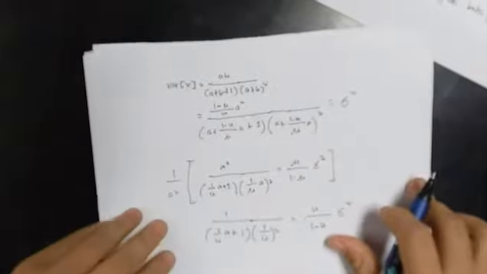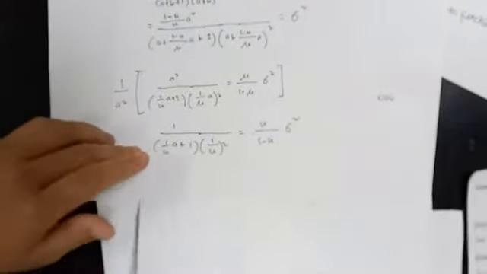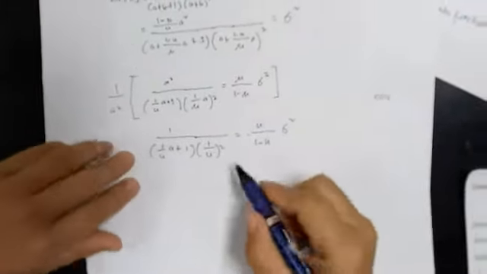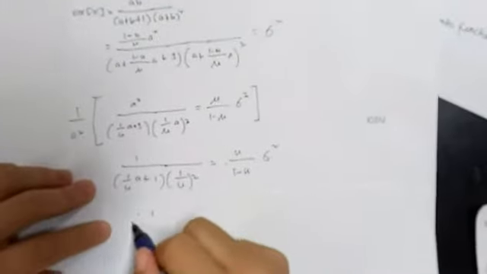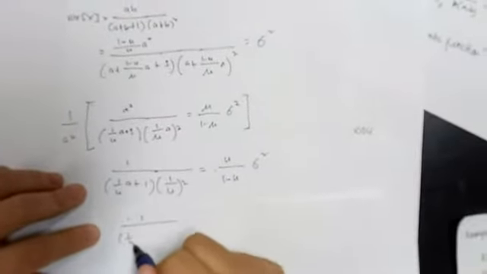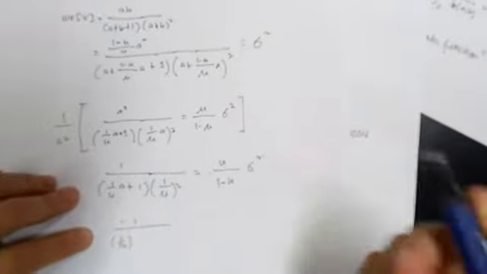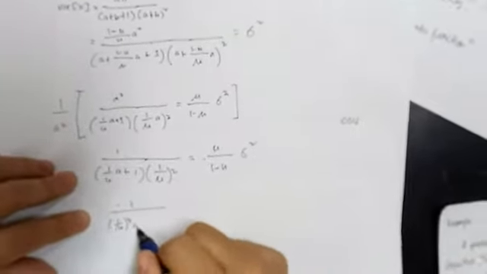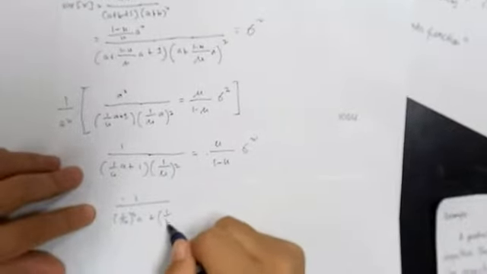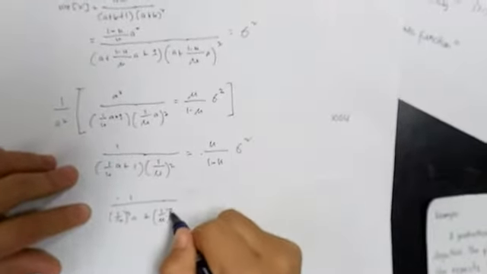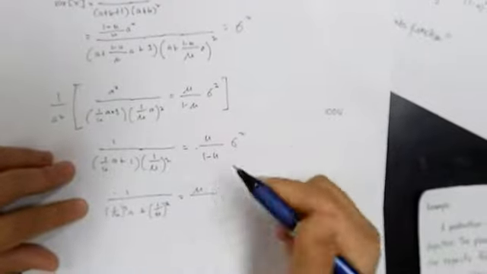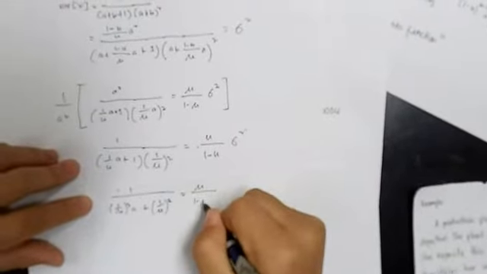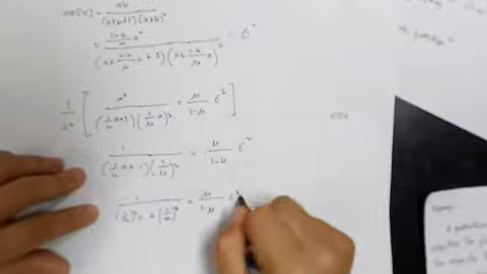By computing the product of this whole thing, this will be equal to 1 over mu cubed (A plus 1 minus mu) squared equals mu over (1 minus mu) sigma squared.